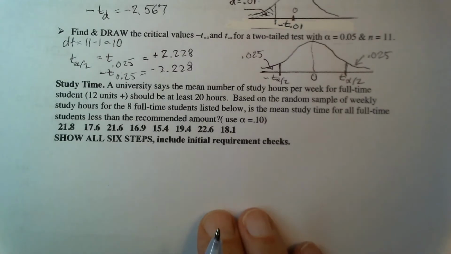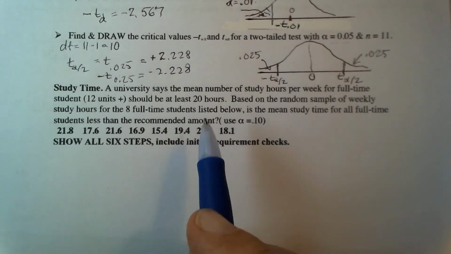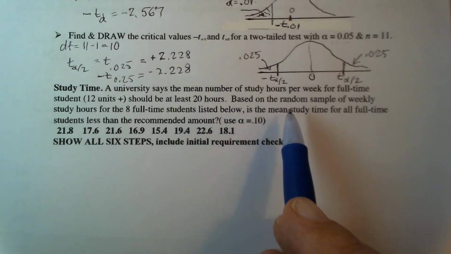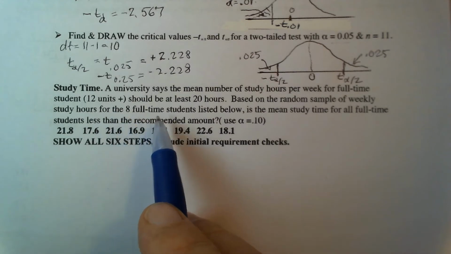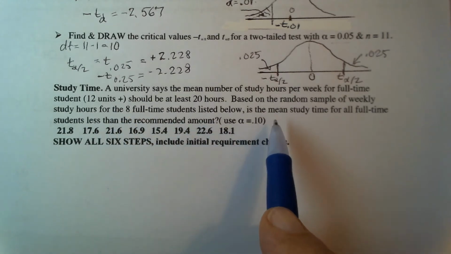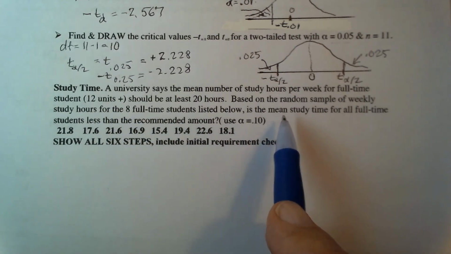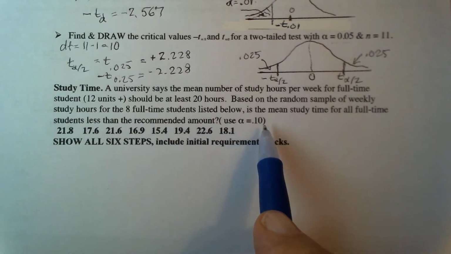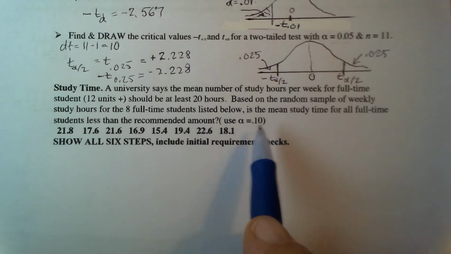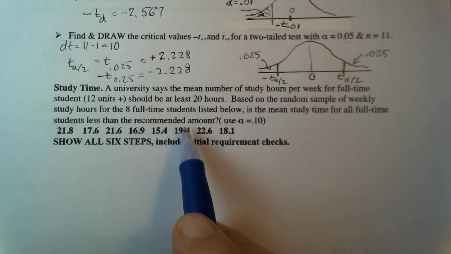So let's look at an example. Study time. A university says the mean number of study hours per week for full-time students, that means 12 units or more, should be at least 20 hours. Based on the random sample of weekly study hours for 8 full-time students listed below, is the mean study time for all full-time students less than the recommended amount?